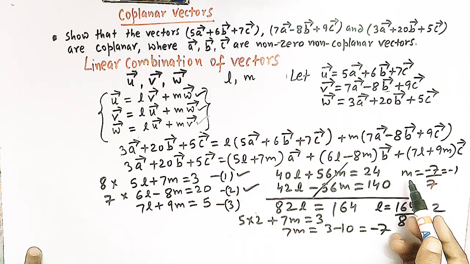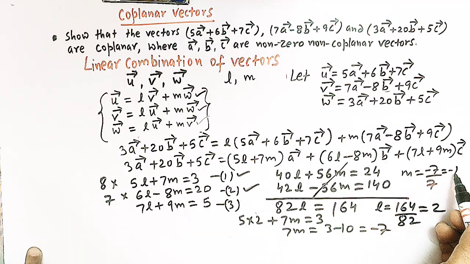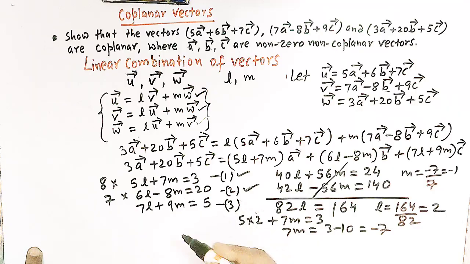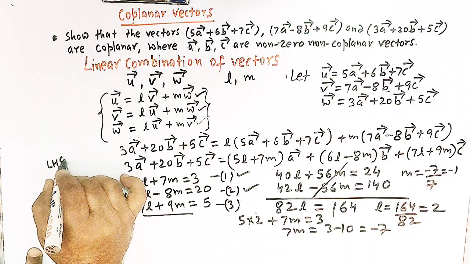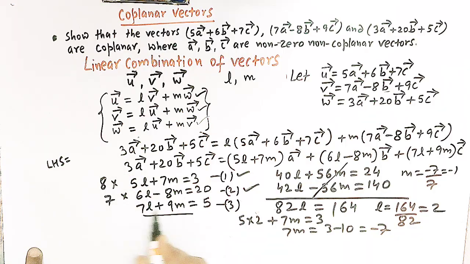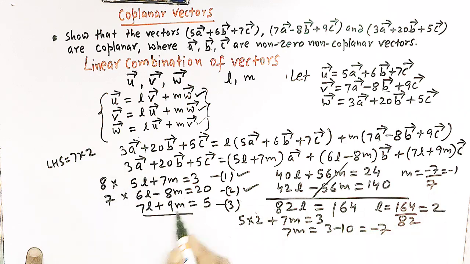So now taking L is equal to 2 and M is equal to minus 1, let us see whether equation 3 is satisfied or not. So here the left hand side is 7L plus 9M. So we have 7 times L is 2 and M is minus 1.